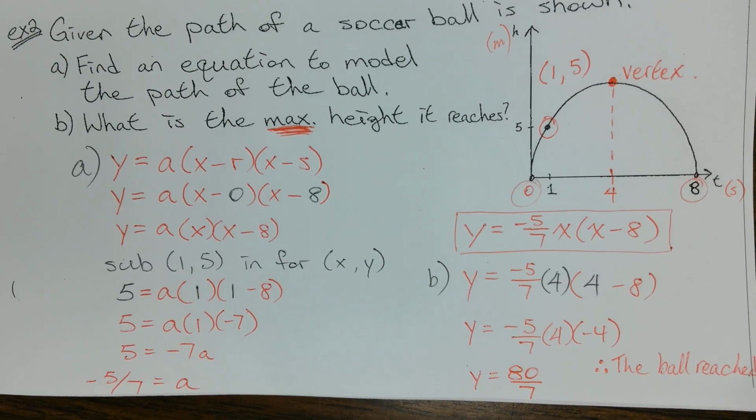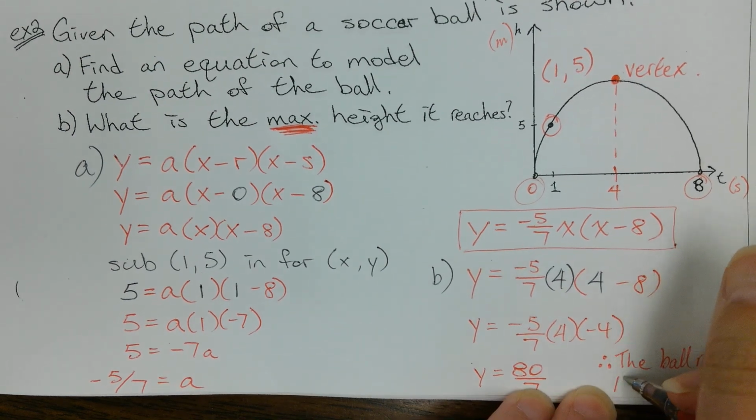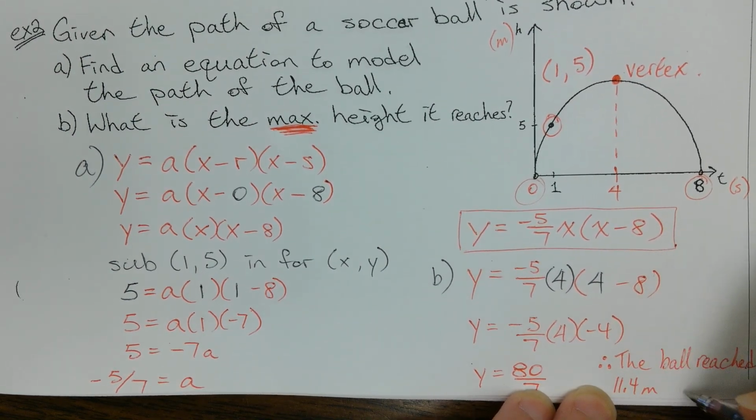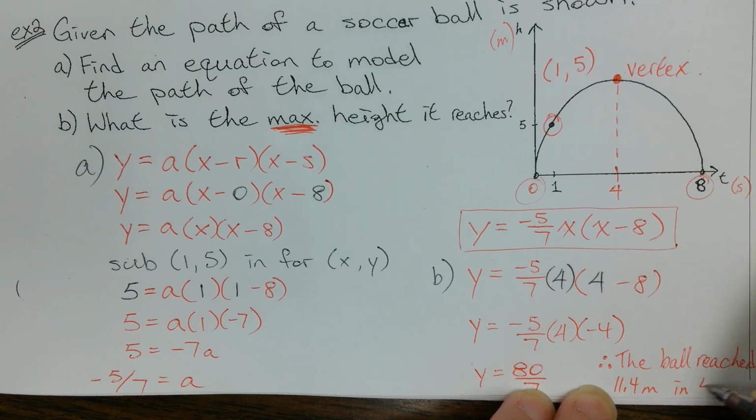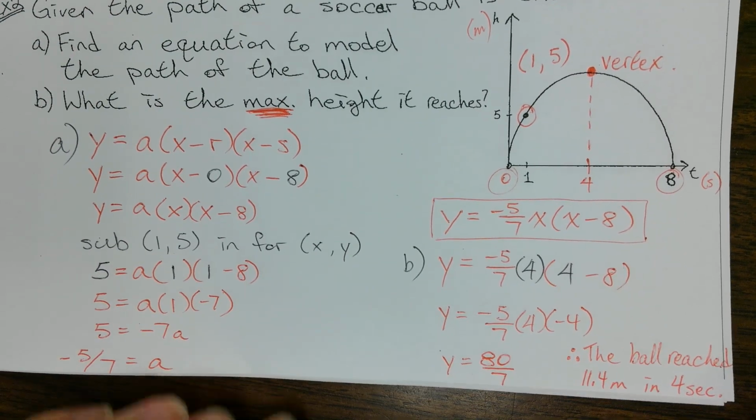What's 80/7? 11.4. 11.4 meters in 4 seconds. Okay. Or better yet, the ball reached a maximum height of 11.4 meters in 4 seconds.